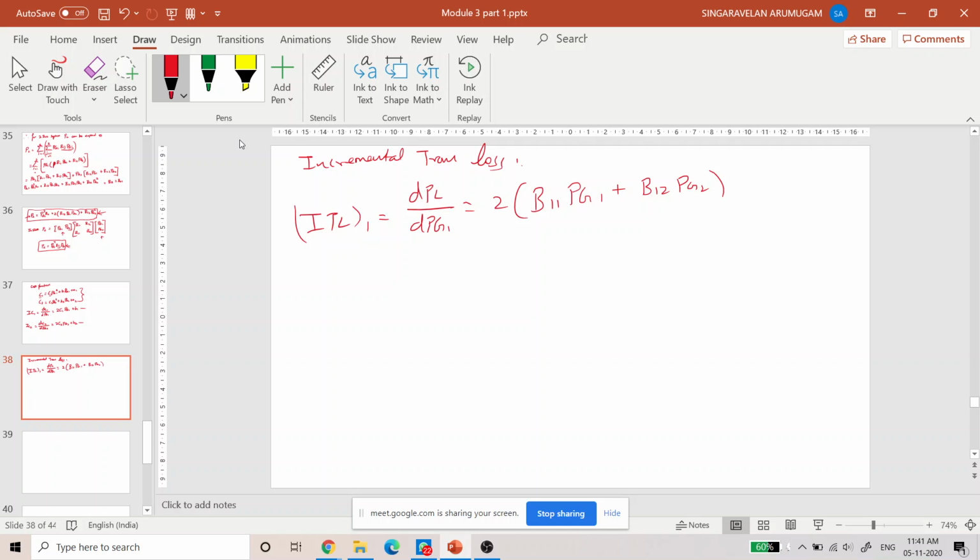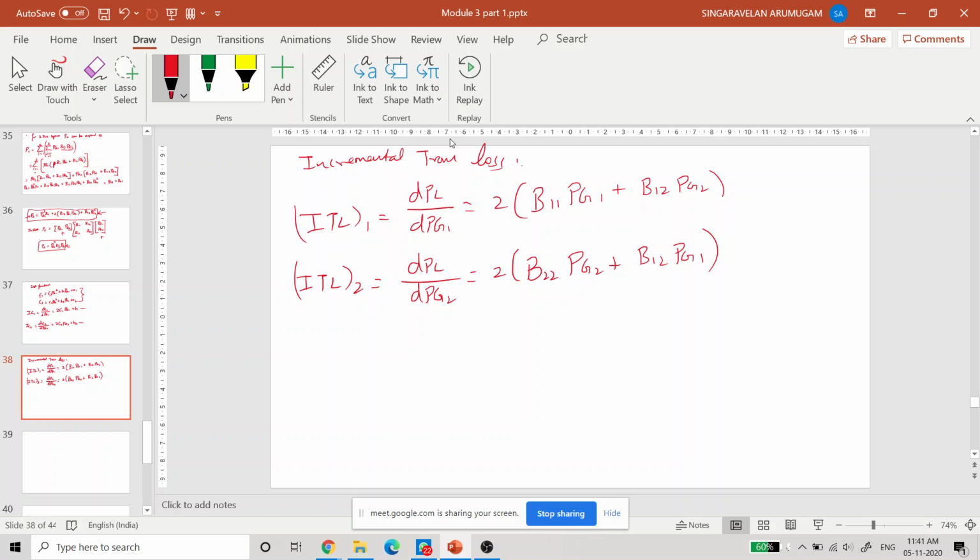You can solve it also, no problem. And then ITL2 is differentiating the same equation with respect to PG2, then I will get 2B22 PG2 plus B12 PG1. So I will get this equation.